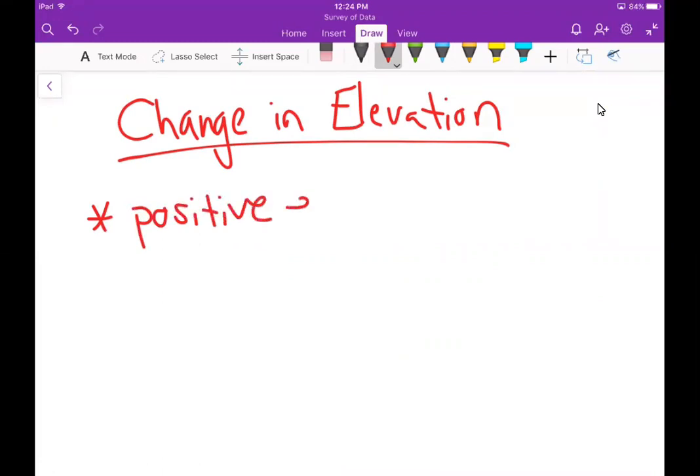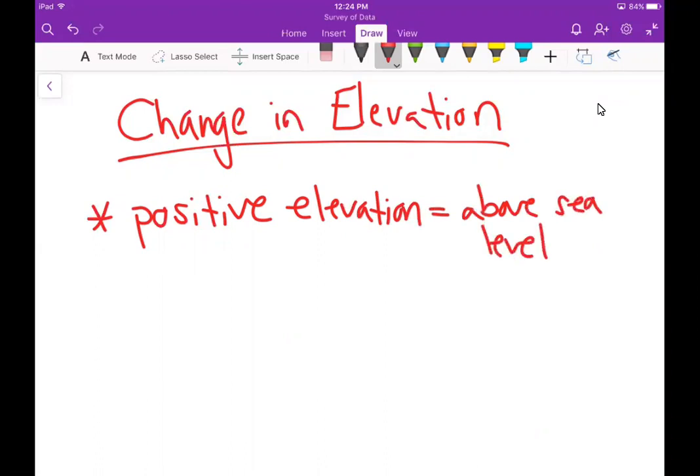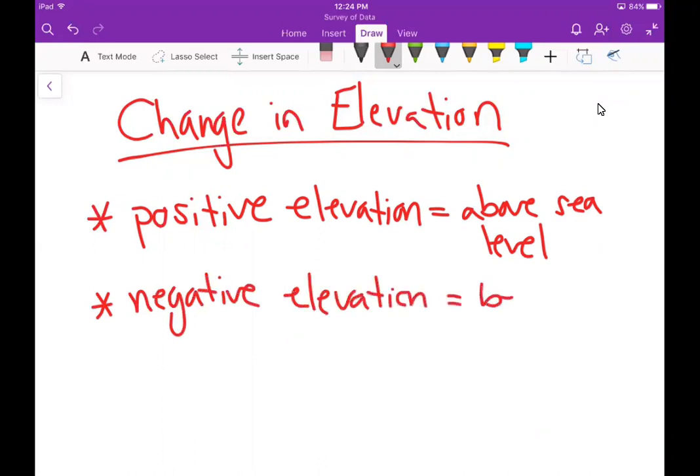So a positive elevation is above sea level. So it is possible to have an elevation of 0, that would be at sea level. And you can report a negative elevation. A negative elevation just means you're somewhere below sea level.